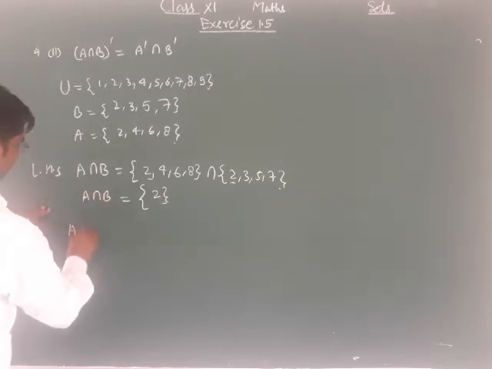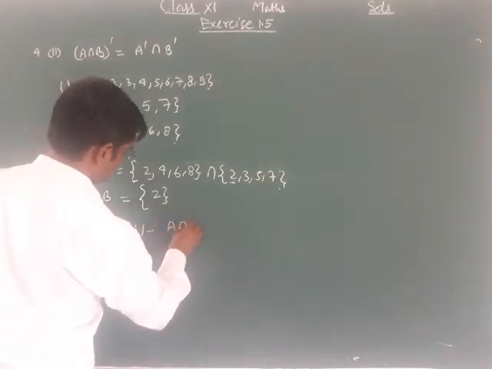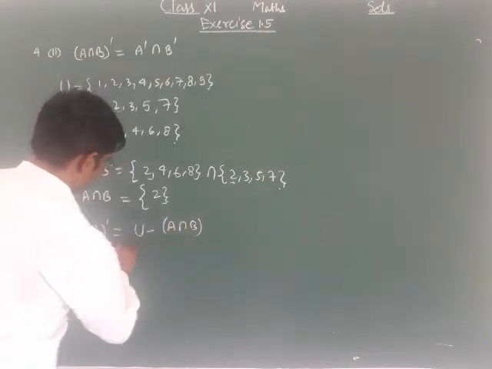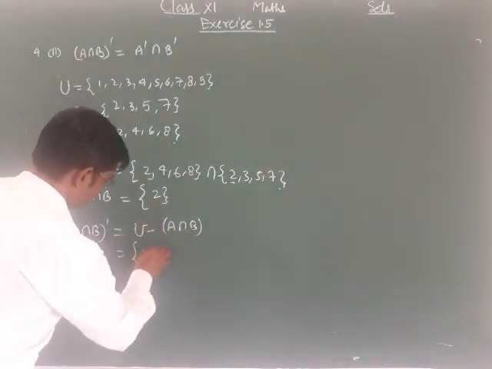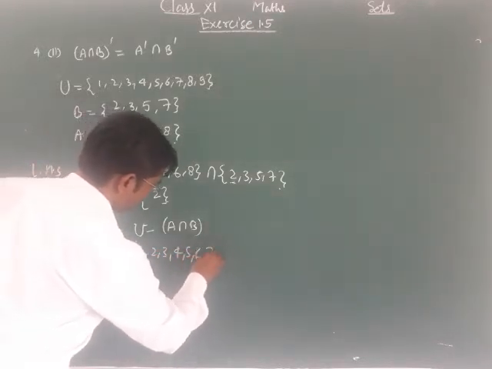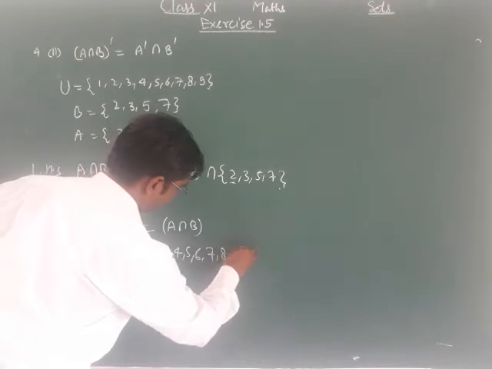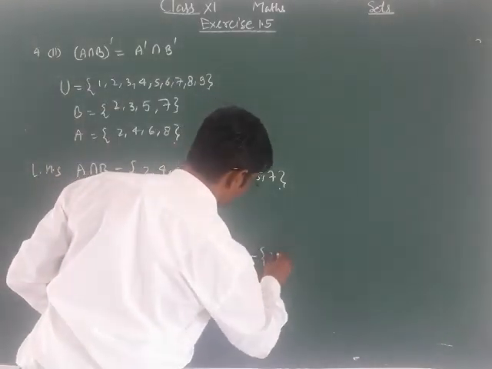The complement of A intersection B is equal to U minus A intersection B. So U has elements 1, 2, 3, 4, 5, 6, 7, 8, 9, minus A intersection B, only 2.